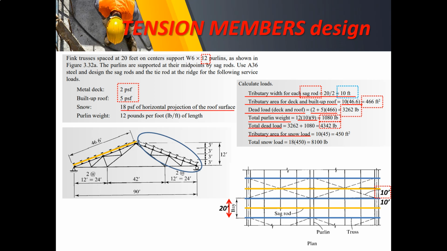Because in here, it is a provision that the snow load will be on the horizontal projection. Though we have here the inclined member, we have a horizontal projection. Therefore, we're going to consider the length that is horizontal. So notice that this length is half of 90, that is 45.